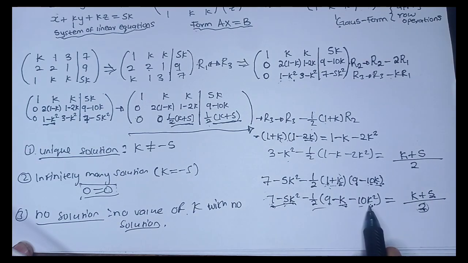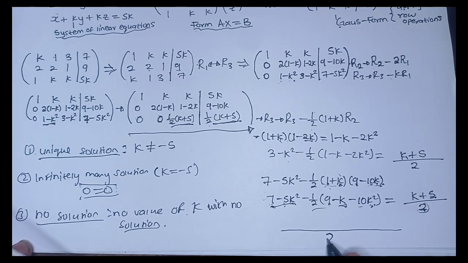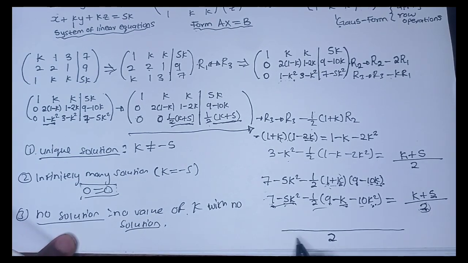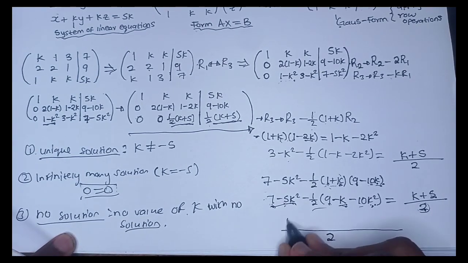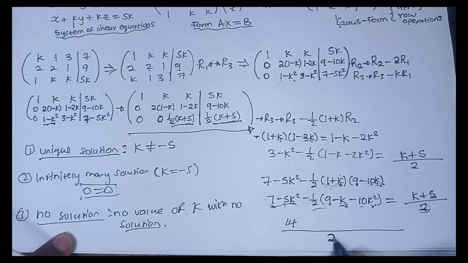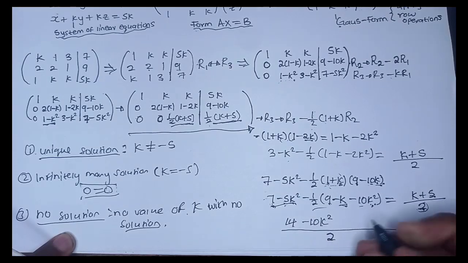So I have this part, and to simplify this one, I can take 2 as my lowest common multiple. Here you will see what we have. 2 times 7 is 14. 2 times negative 5k squared is negative 10k squared.